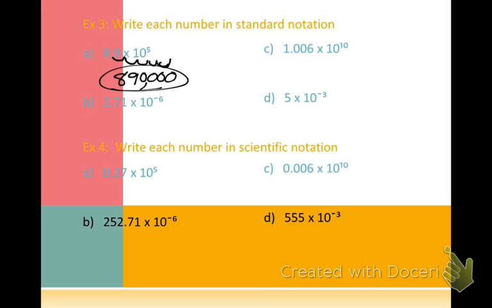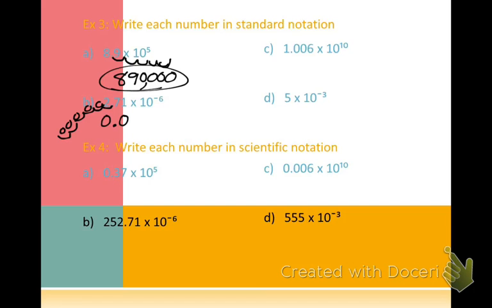B. This time I have a negative 6. So which way is the decimal going to go now? To the left. So I go 1, 2, 3, 4, 5, 6. So how many zeros after the decimal? 5.